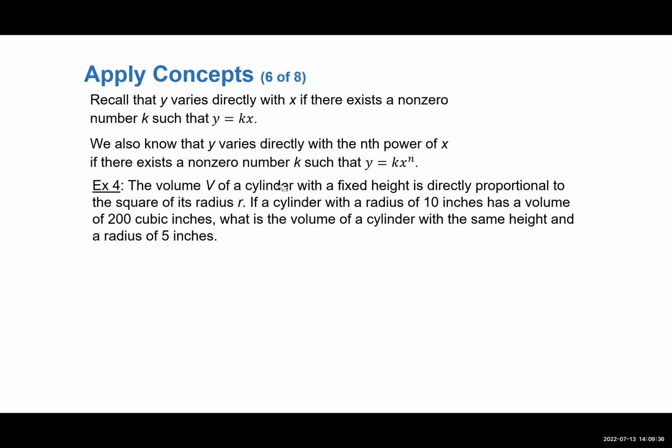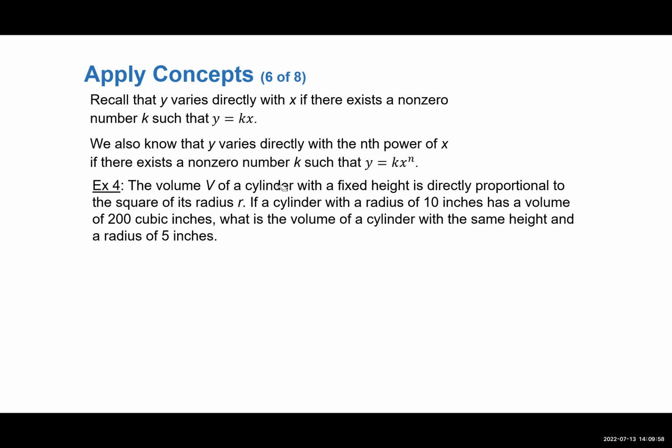There is no y-intercept. The y-intercept is 0 rather. You also know that y varies directly with the nth power of x if there exists a non-zero number k such that y equals kx to the nth power.